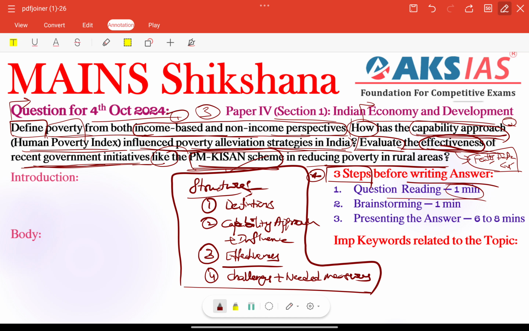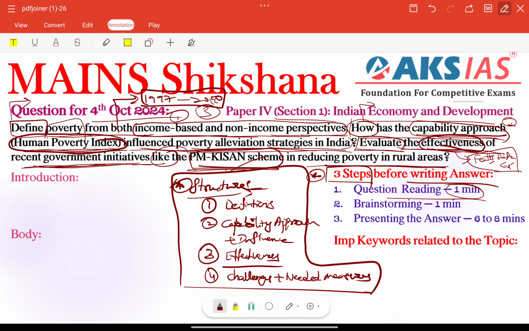Many aspirants are confused about how to create a structure for this question, because in the second part they have mentioned the human poverty index, but in India we have been following the multidimensional poverty index, right? But here we need to focus on some background static topic, the human poverty index, a formal topic. It was used from 1997 till 2010.